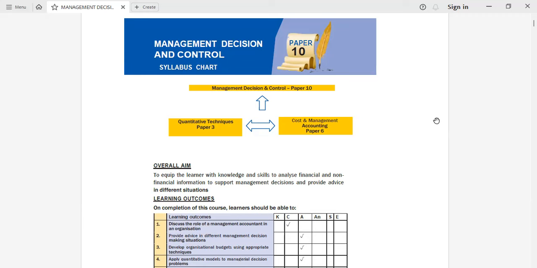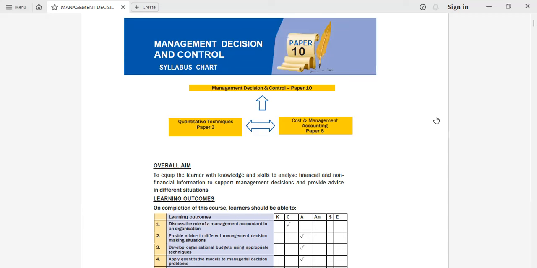Most of the topics that we discussed in those course units, we are going to see that most of them are going to be reflecting in the MDC paper. In other words, it's these two papers that are forming a foundation level for the MDC paper.